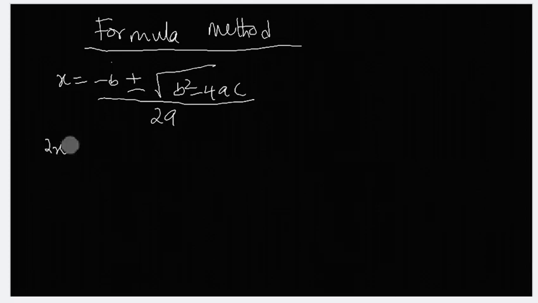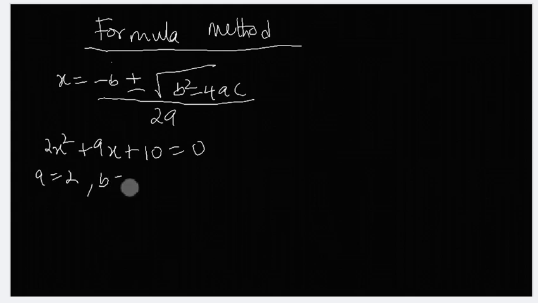That's 2x squared plus 9x plus 10 equals 0. So in this case, our a is 2, our b is 9, and our c is 10.